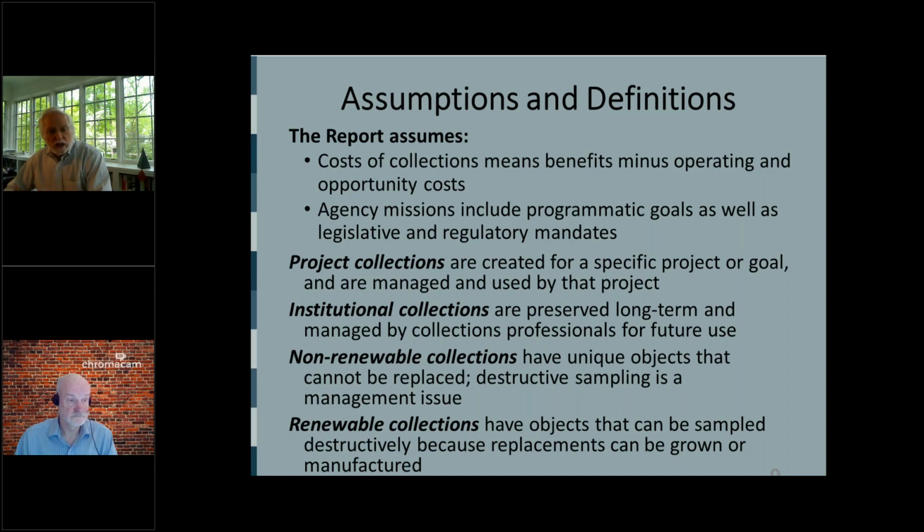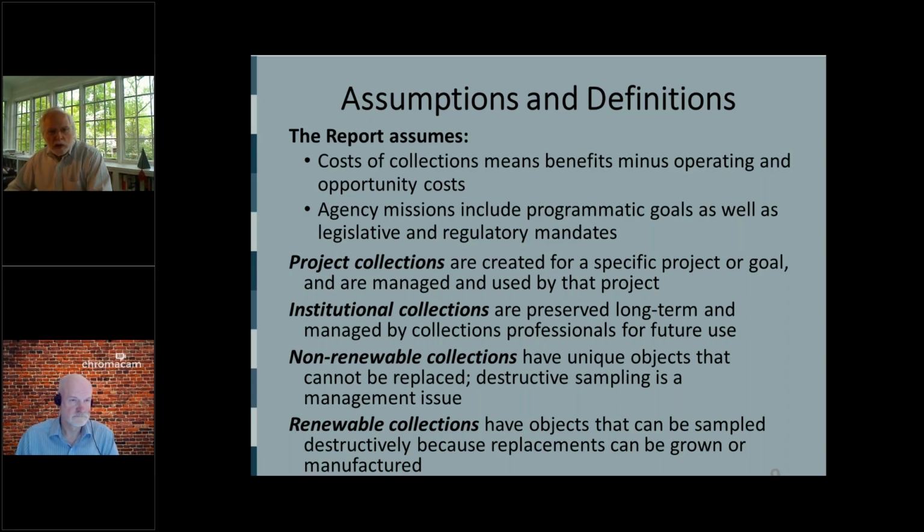Institutional collections, in contrast, are preserved long-term, and they are the property of an institution. They're not managed and held by an individual, but by the institution. They're managed and preserved for long-term use by a wide audience, not just the people who collected them. So project versus institutional collections is the major cut.